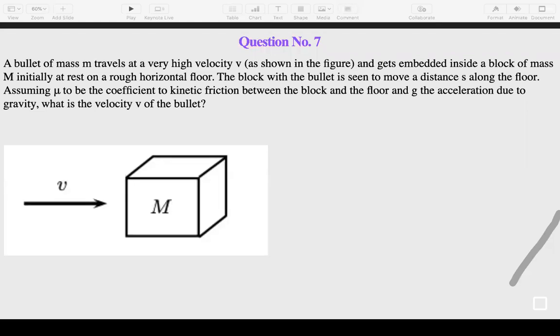A bullet of mass m travels at a very high velocity v as shown in the figure and gets embedded inside a block of mass M initially at rest on a rough horizontal floor. Remember that rough represents here we are required to consider a frictional force.